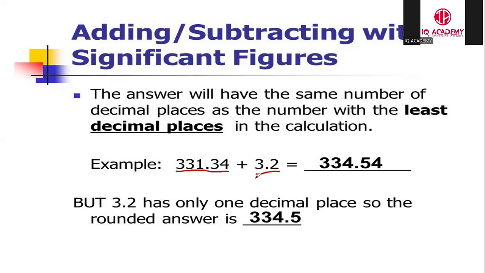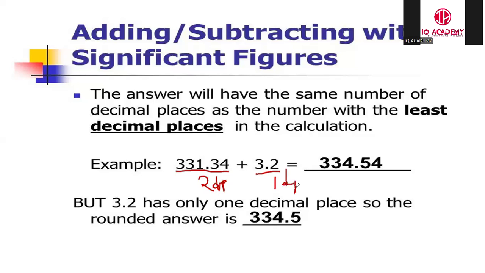The rule is the same whether you are subtracting or adding. We can see that this number here has how many decimal places? It only has 1, 2, right? So it has 2 decimal places. And the other number, how many decimal places does it have? It has 1 decimal place.